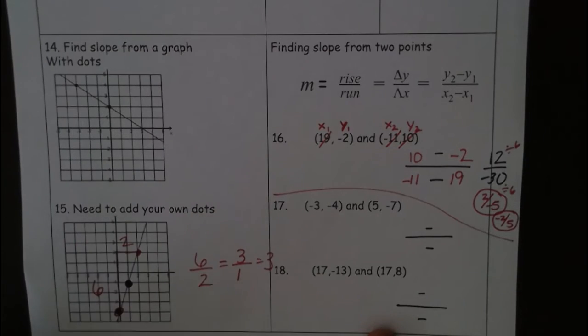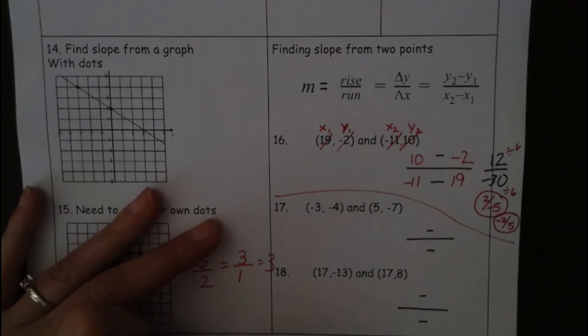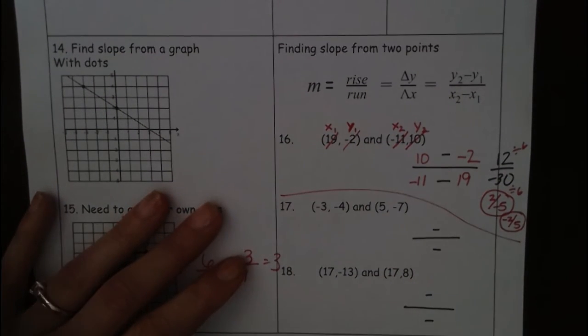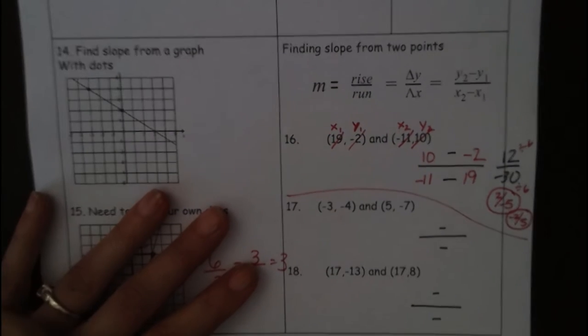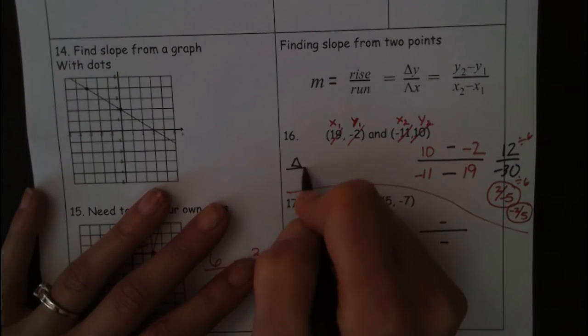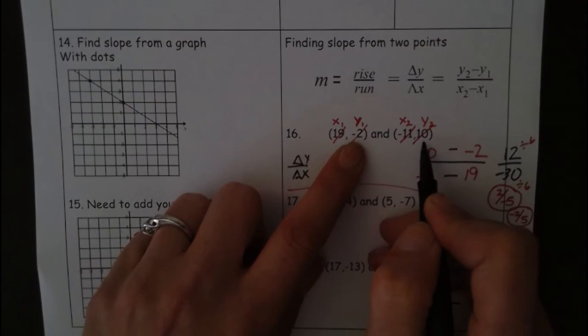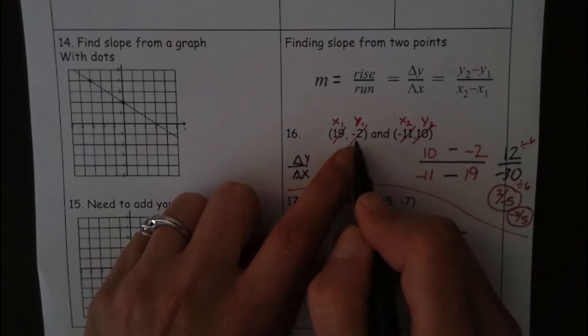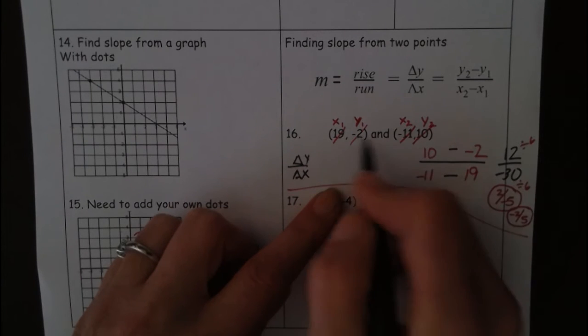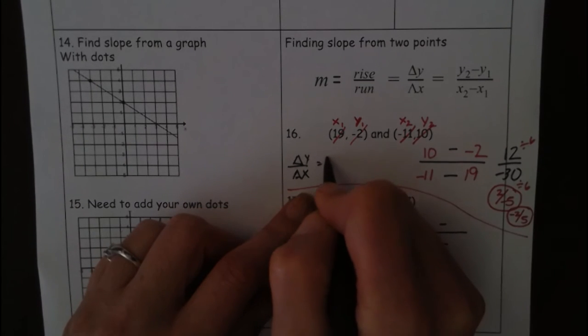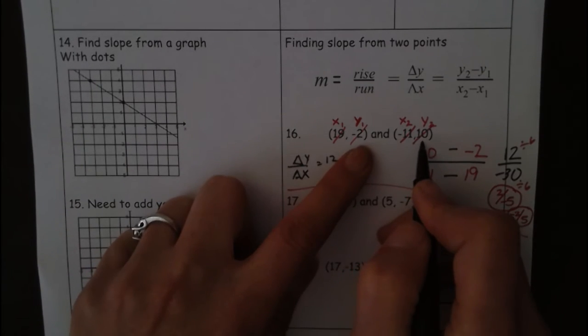There is another way of doing these, which is better for some people. So we find the change in the y over the change in the x. Looking at my original points, how far apart are these? Going from this dot to this spot, it went up 12. I'm at negative 2 and I went to 10.